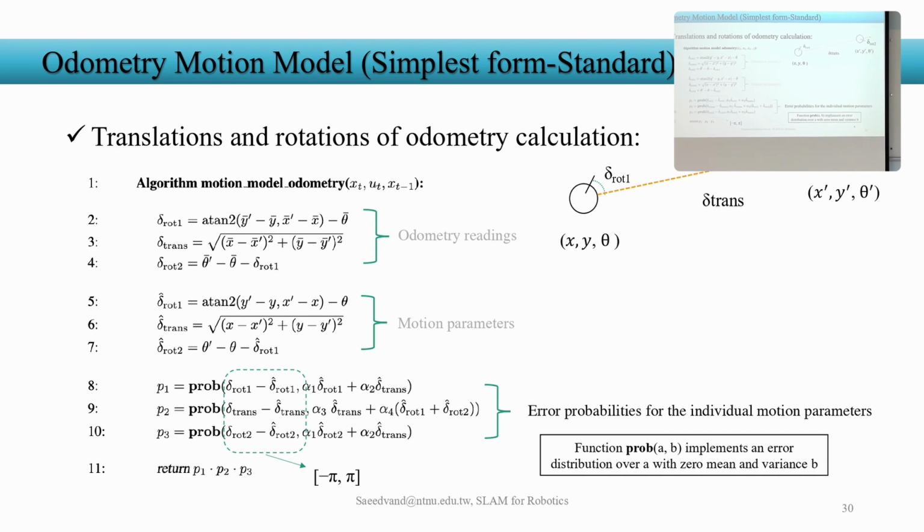Any other answer? I think it should be very clear now, based on last week and this week's study. Instead of the transition model being a straight line, we can go in a circle. Yeah, exactly.